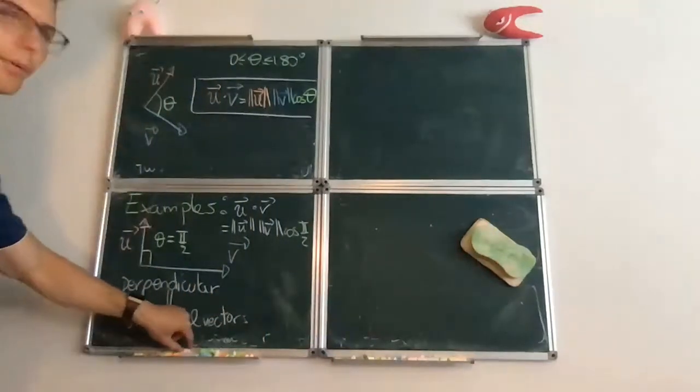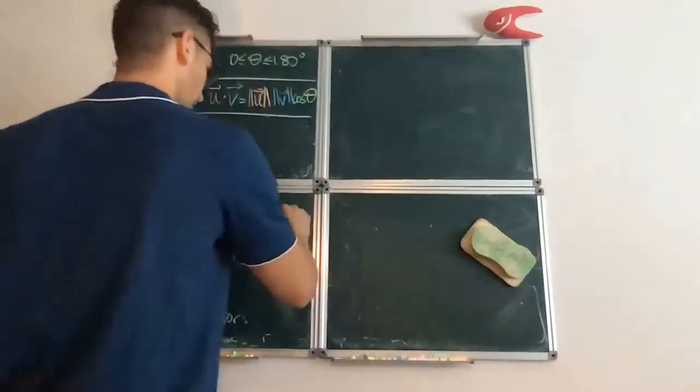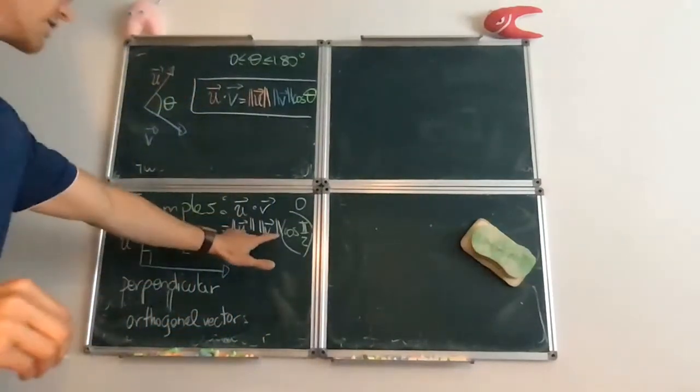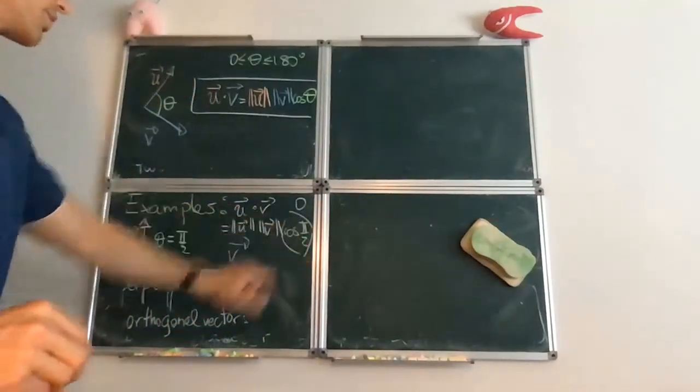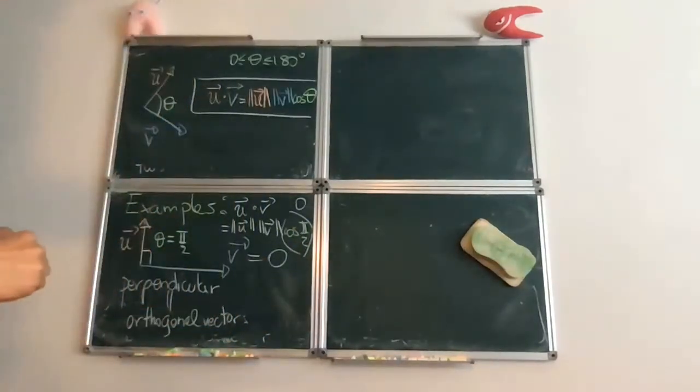But hopefully you remember that cosine of pi over 2 is just 0. So whatever this number is, we don't care about it because it's being multiplied against 0. And so that just tells you the dot product is 0.